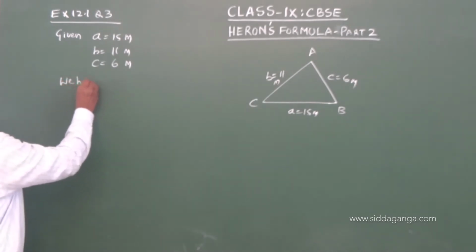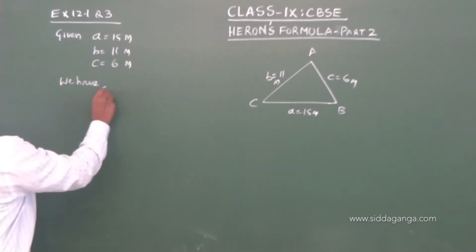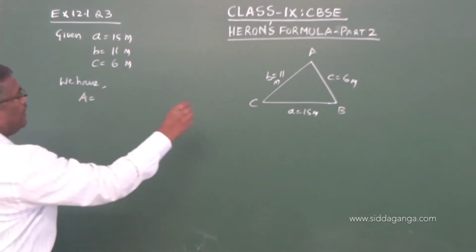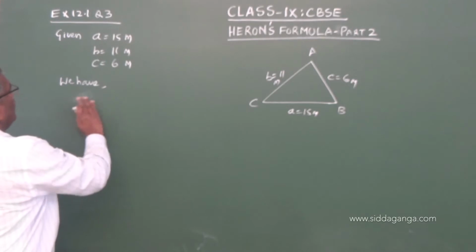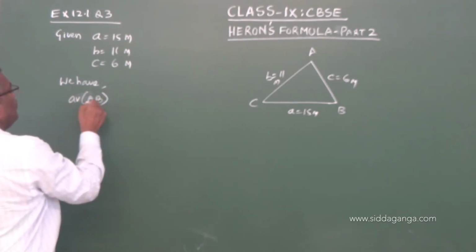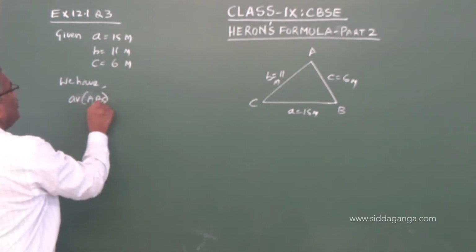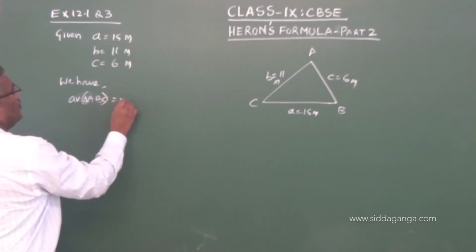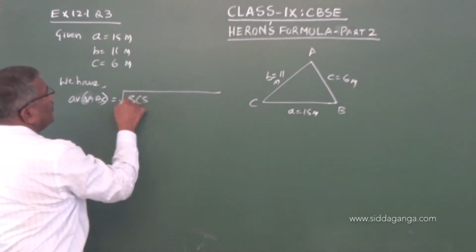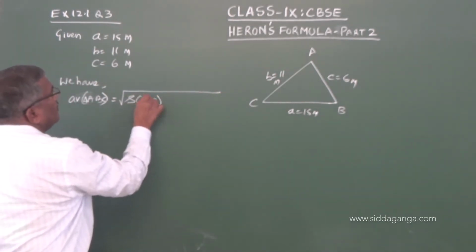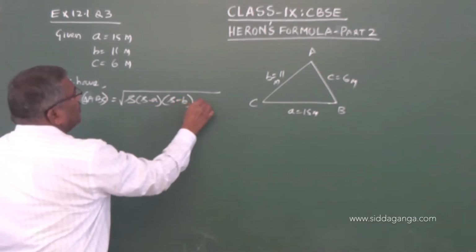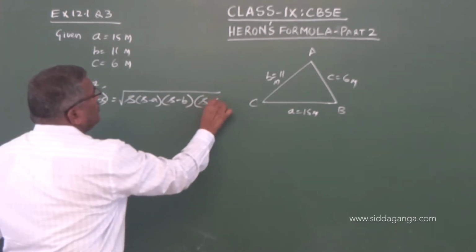We have area of triangle, or I will write area of triangle ABC is equal to square root of S into S minus A into S minus B into S minus C.